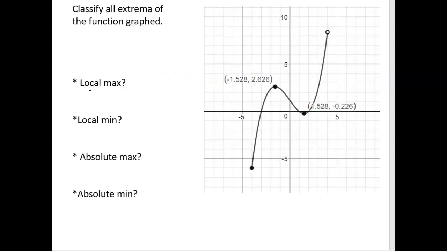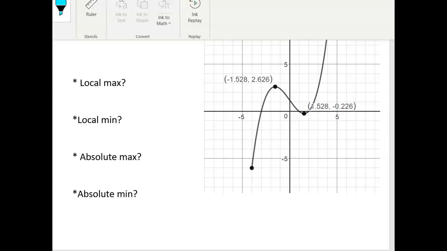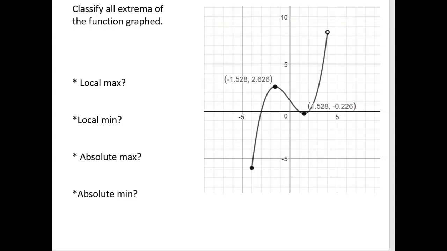Okay, so let's just go through one. I think it's easier to just see the example than to get too caught up in the definitions. Okay, so let's start with this local max here. This point right here that I'm circling is a local max. All right, it's not the highest point of the graph, but it is a turning point in the graph, because the graph is increasing, gets to that, and then it's decreasing.